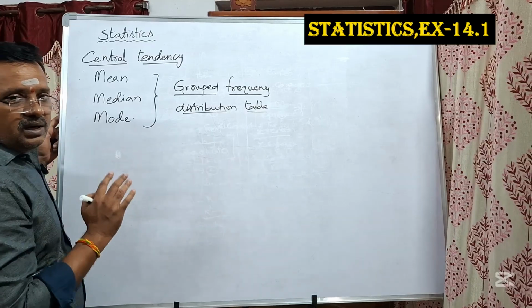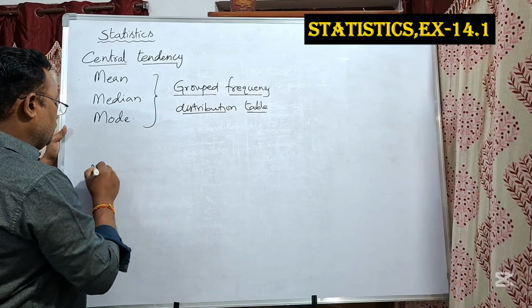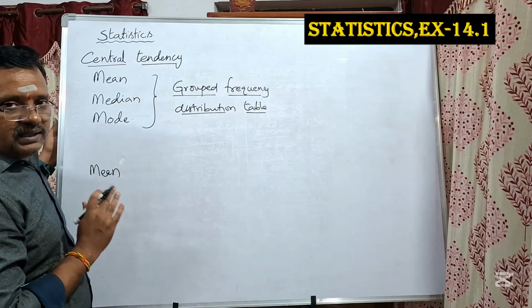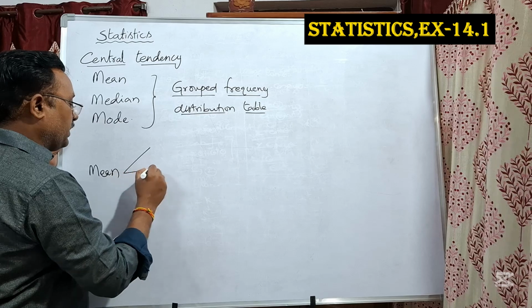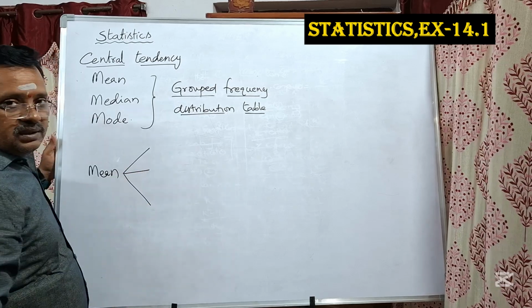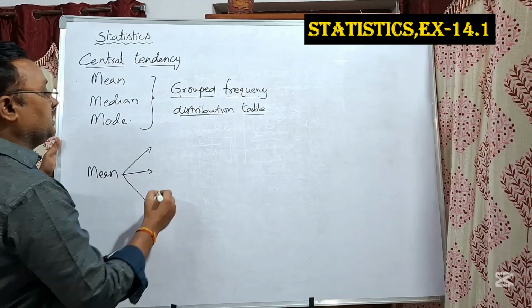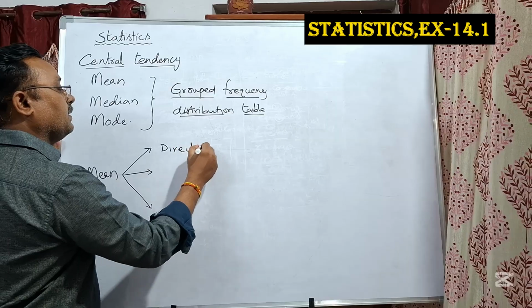So, coming to the concept related to the first exercise, we are going to find the central tendency mean. Understood? In our syllabus, we have three procedures to find the mean. The first one is what we used in 9th class, called the direct method.